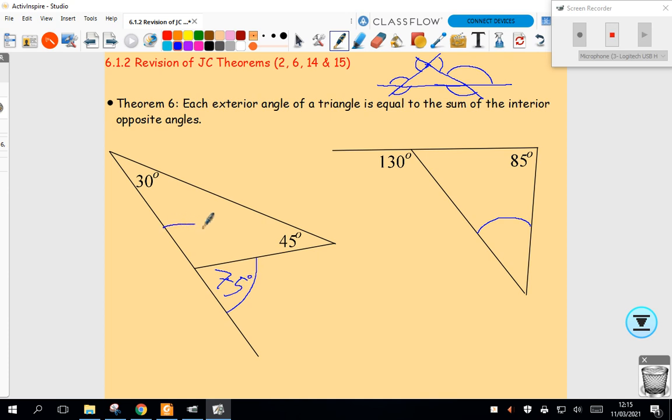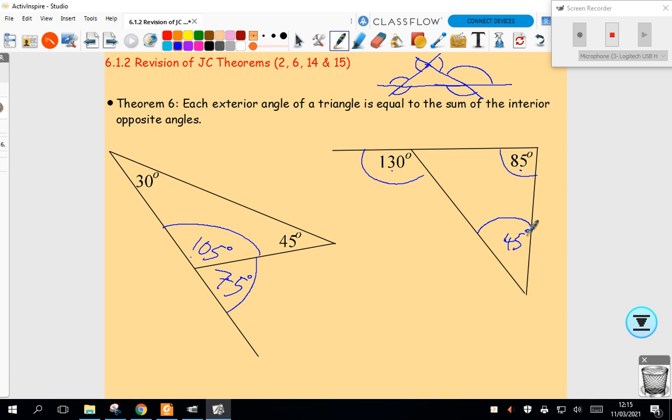Also note the triangle angle sum theorem says 3 angles inside a triangle have to add to 180. That would mean that would have to be 105. Notice they're a linear pair as well, adding to 180. Here we're given the exterior angle and one of the interior opposite angles. This number has to be the number I add to 85 to get to 130, and I think that's going to be 45 degrees.